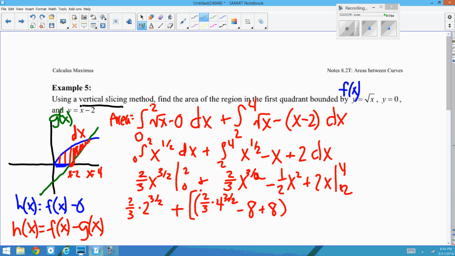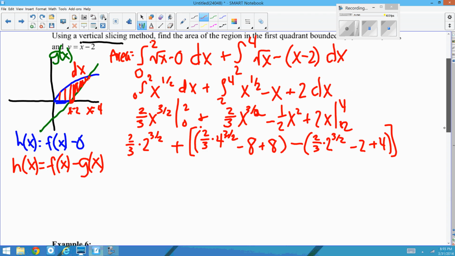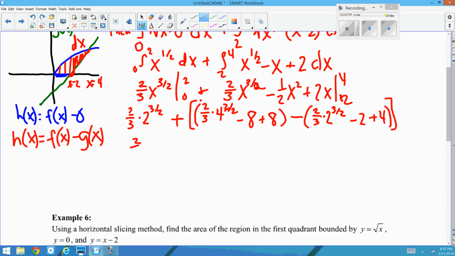Oh, and that is actually a plus between there. Didn't want to mess that up. Minus now 2/3 times 2 to the 3/2 minus 1/2 times 2 squared, which is 4, so half of that's 2, plus 4. As I start to simplify this, I don't feel like doing this yet, so I'm going to leave it there.